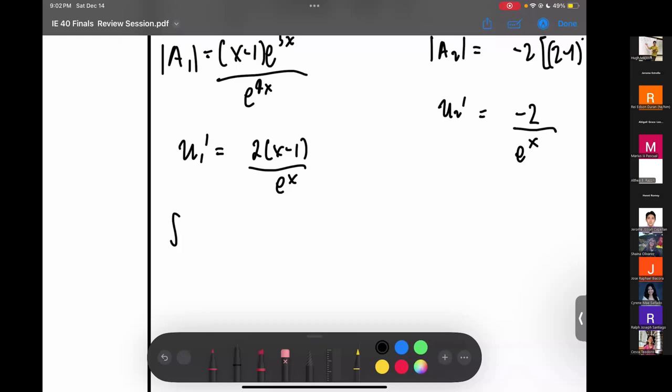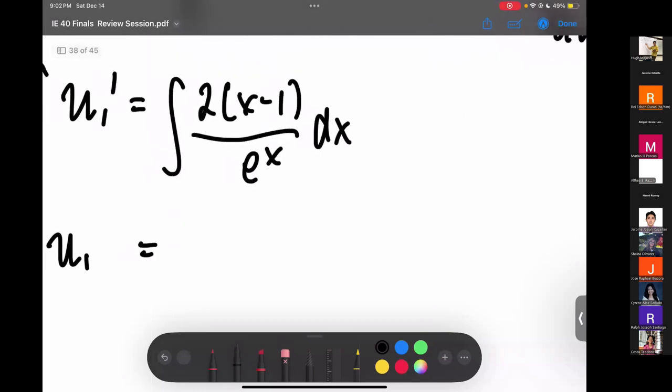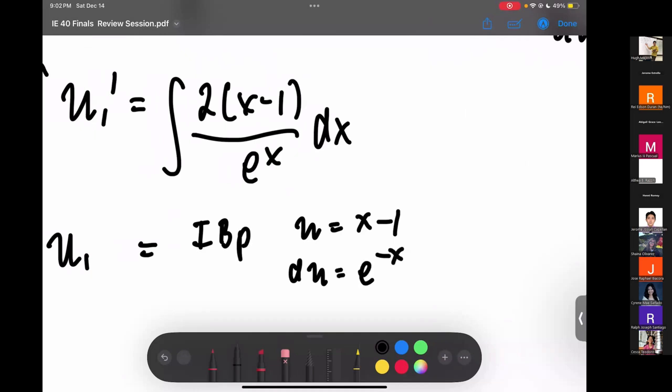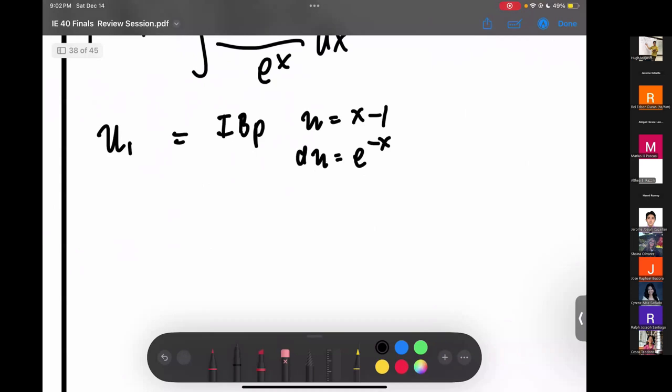Oh, wait. I'll show it. So, this is integrate both sides. So, magiging u lang to. u1. And this one is IBP, where u is x minus 1 and dv is e to the negative x, because this is e to the negative x. In this case, I used tabular method. I personally recommend it.